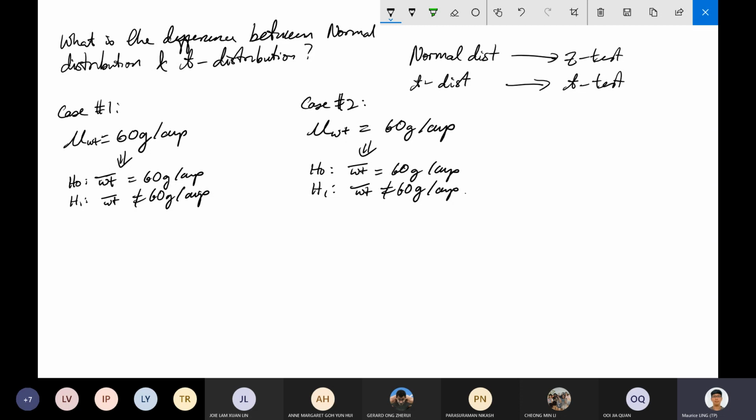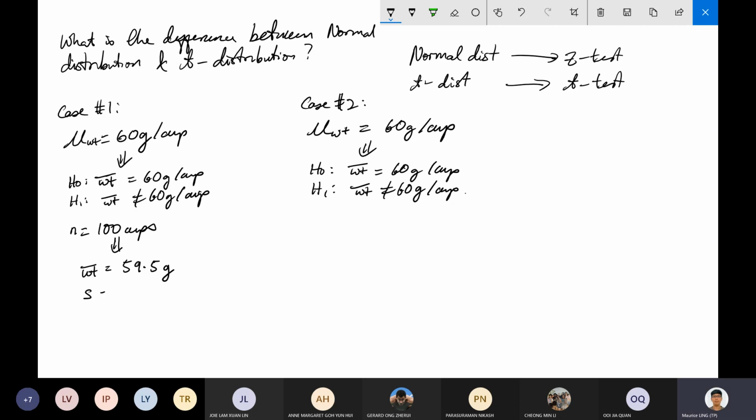It doesn't matter. But case 1, I have one group of you. Let's say you are very energetic, you go and hunt down 100 cups. And your result comes out to be the average weight that you calculate is 59.5 grams.